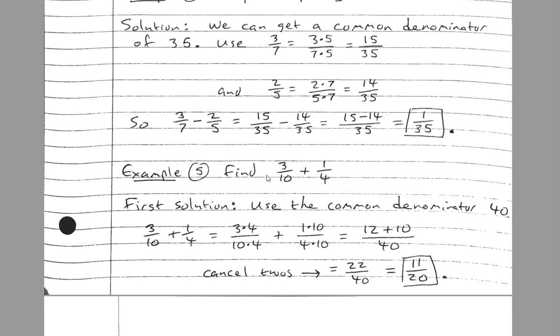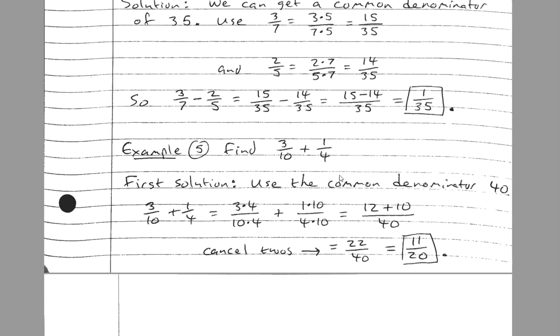Example 5, find 3/10 plus 1/4. Okay, so first solution, use the common denominator of 40, so just taking the product.